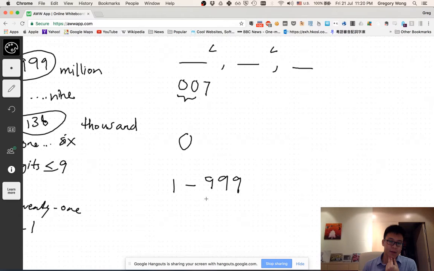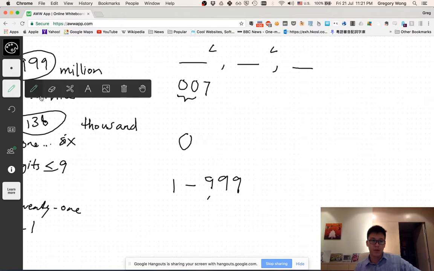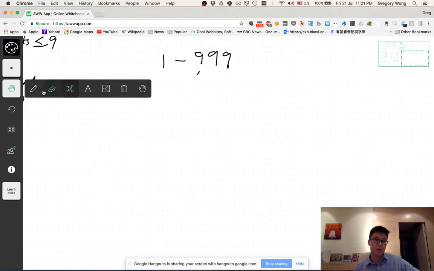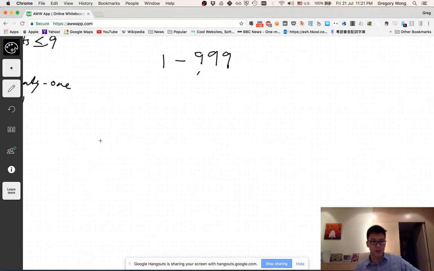To simplify this, for the 3 digits, we can break it apart as such.